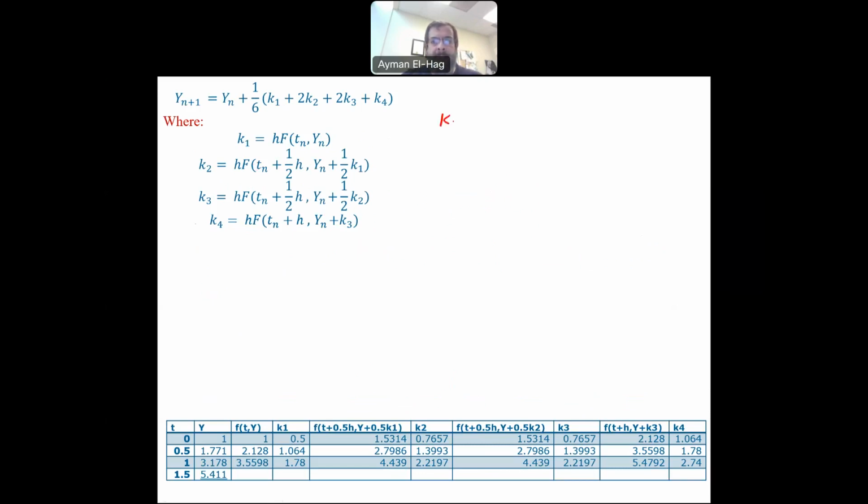So your K1 is equal to h, which is basically your 0.5, and the function at tn here, which is basically 0, which is equal to the function sine of 0 plus e to the power of 0, and this will give you 0.5.